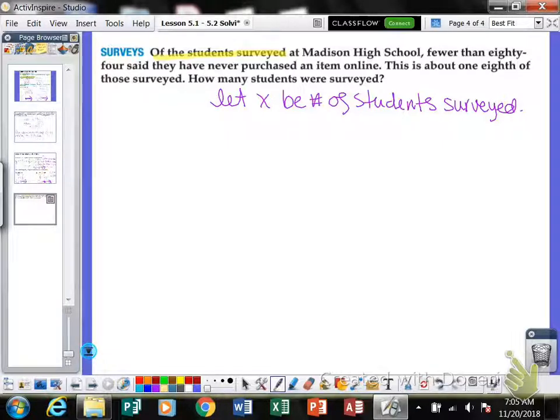Fewer than 84, so it would not be equal to. We definitely have less than 84 there. And this is about 1/8 of those surveyed. So 1/8 of those surveyed is less than 84 is what you set up for your inequality.